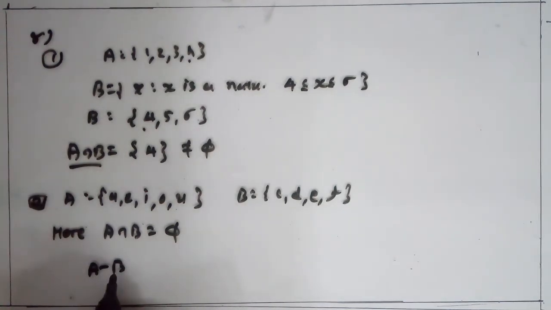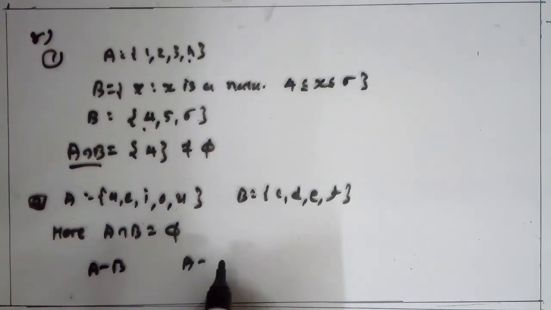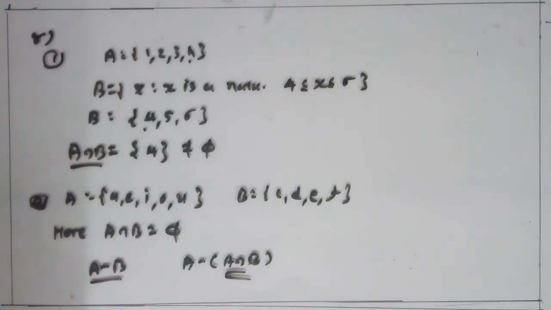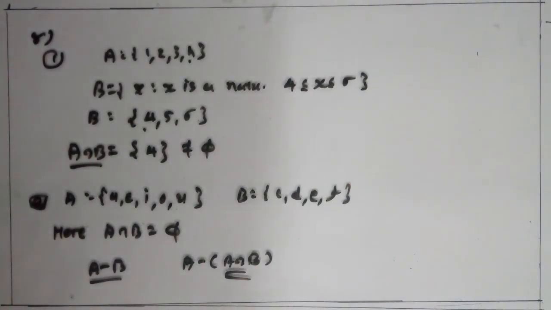That is, A minus B is equal to A minus A intersection B. So removing common elements of A and B from first set A, we get A minus B. Next, number 10 also is an exercise. Find the difference of two sets. In question number 11, same question given.